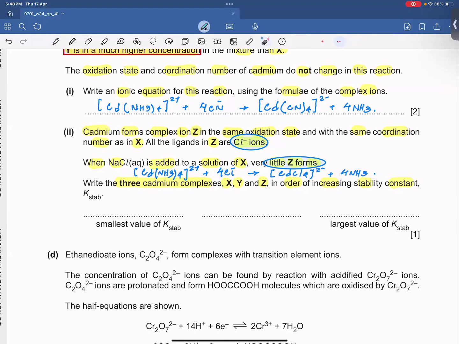Technically, this complex has the lowest value of stability constant because it exists in a very small amount.